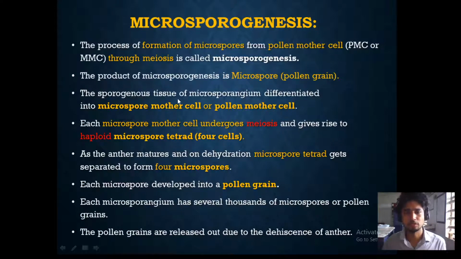So this is the process that is happening, but from here onwards we are going to study how this process happens. The sporogenous tissue of the microsporangium gets differentiated into microspore mother cell or pollen mother cell.